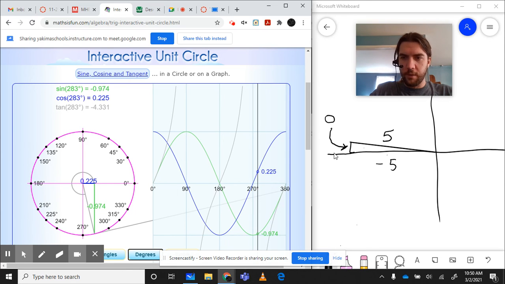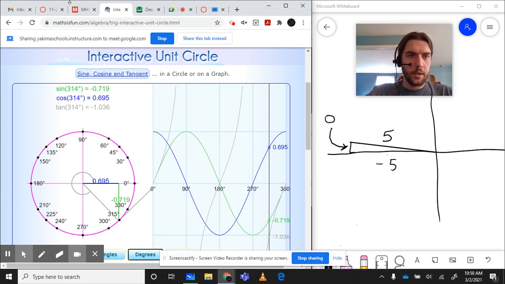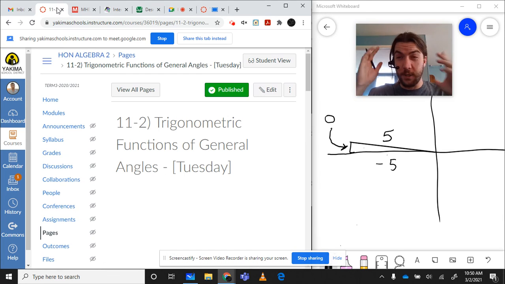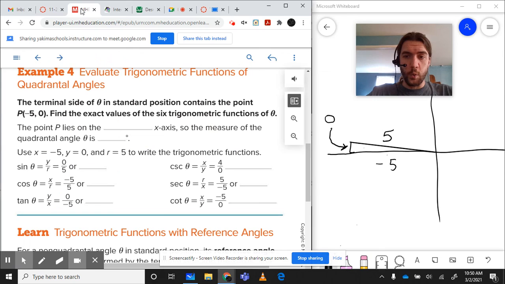So we're dealing with an image that I'm sort of fudging a little bit with this drawing here, but I think that helps us keep in mind which values go with which vocab terms, which side is the opposite side, which side's the adjacent, things like that. Okay, so that is it for example number 4.